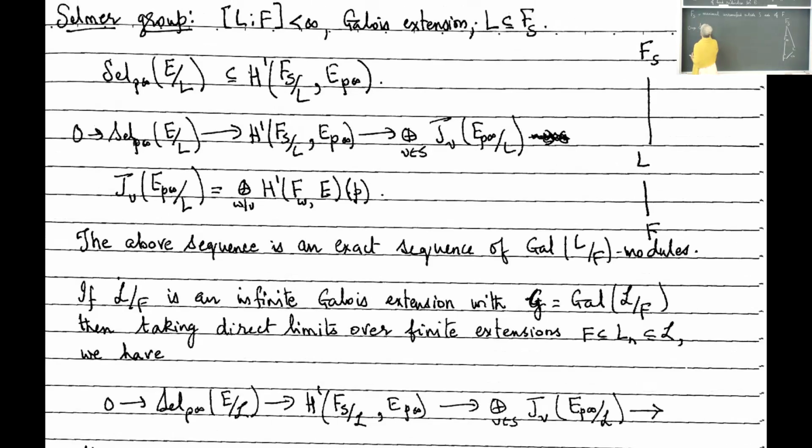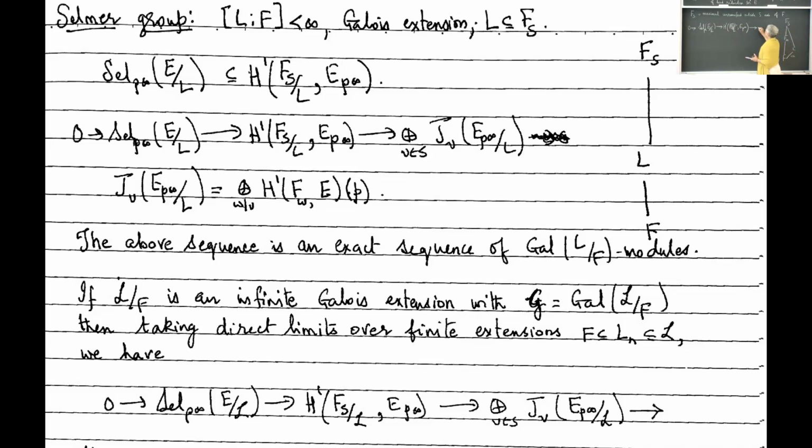I'll put a p infinity, this is again because it's a p-periodic theory over L. L is a finite extension. This is inside this Galois cohomology group, Galois group of F_S over L, I'll just write, with coefficients in E[p infinity], all the p division points.